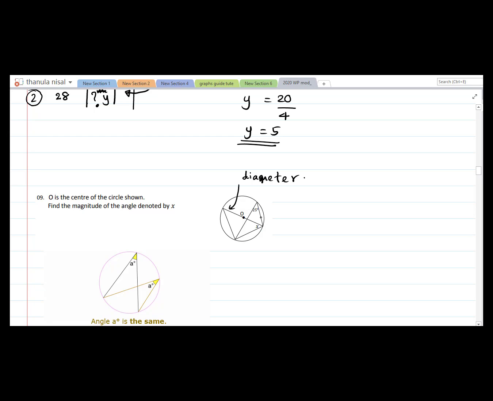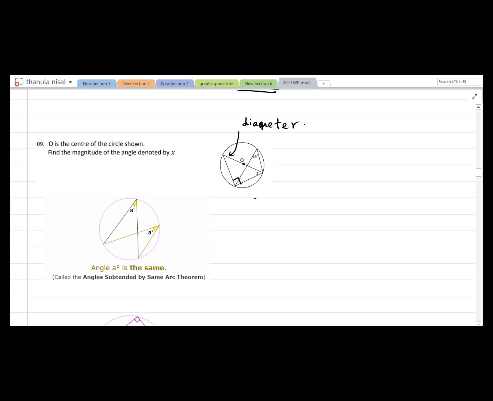We know the angle subtended by diameter is 90 degrees. Also we know from this theorem angle subtended by same arc. Okay, consider this arc. Angle on the circumference is 25.